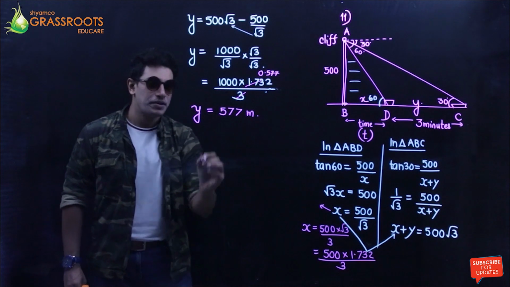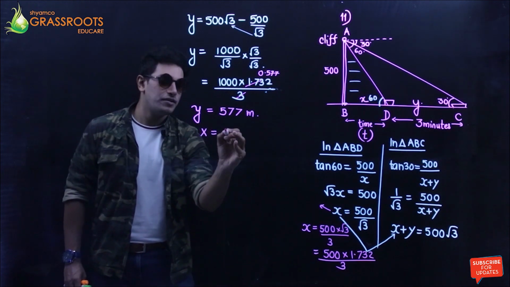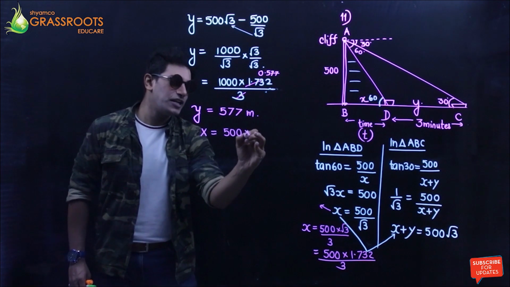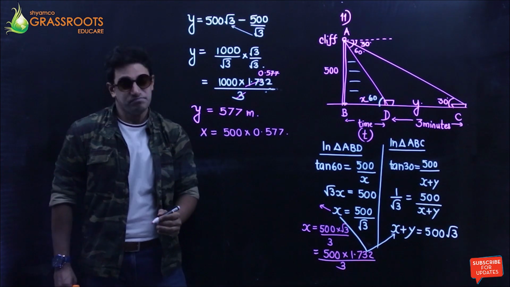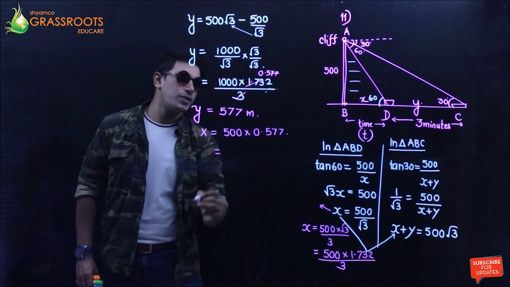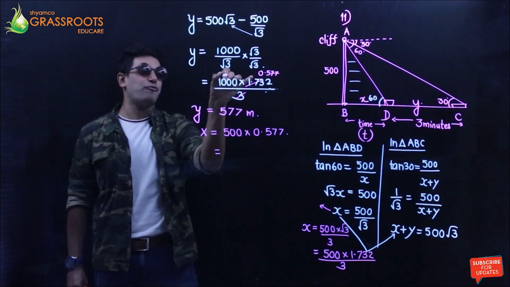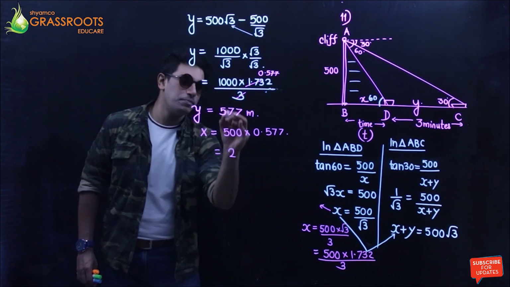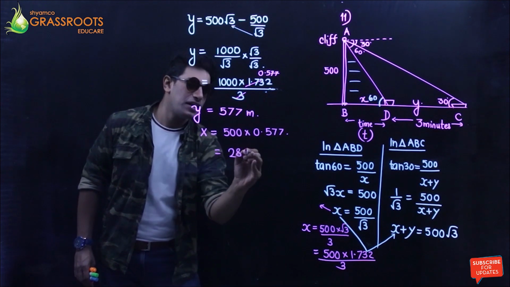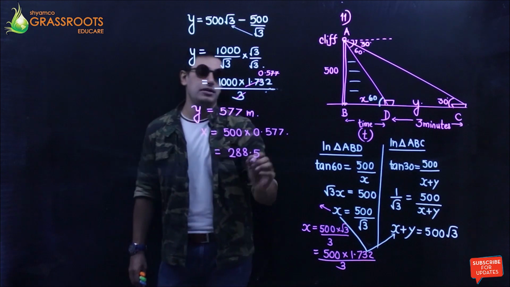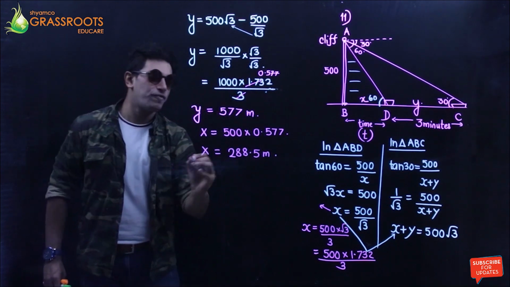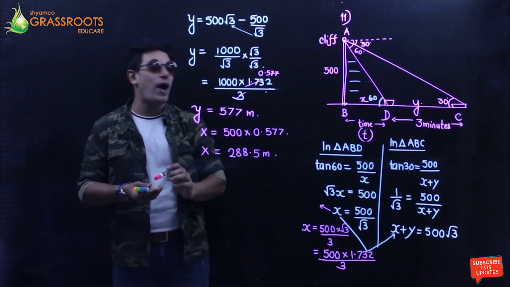So X will be 500 into 0.577. Perfect. This answer will come out to be the half of the previous answer. That will be 288.5 approx meters. So we found out the two distances X and Y.